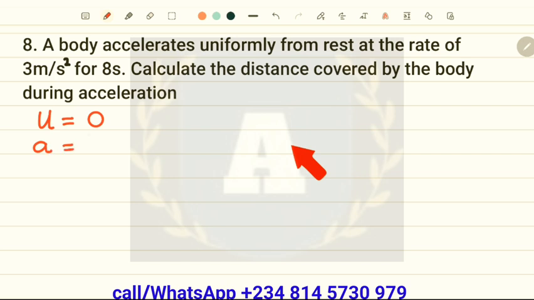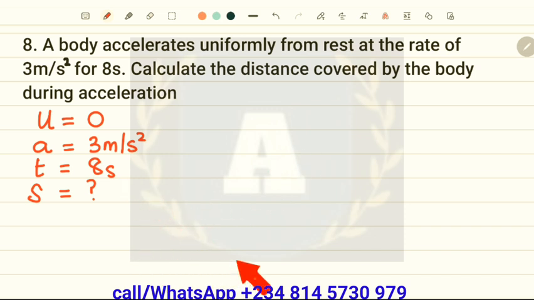So the acceleration has been given to be 3 meters per second square for 8 seconds. So the time is 8 seconds. You're asked to calculate the distance covered by the body during this acceleration.